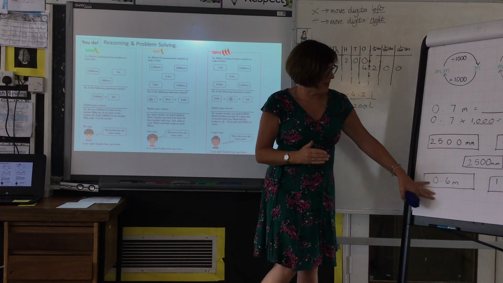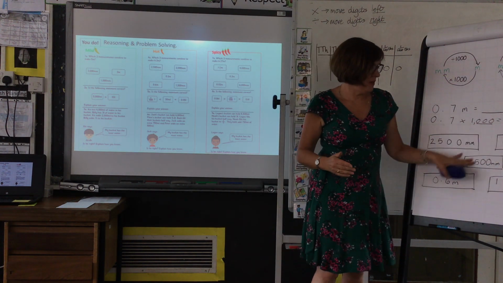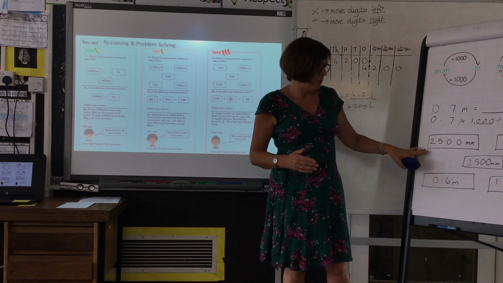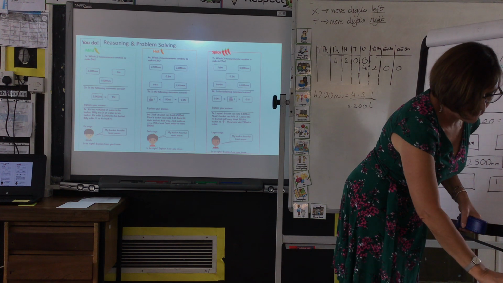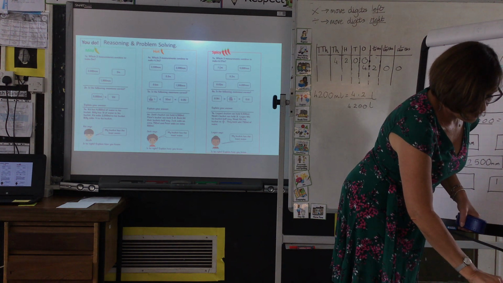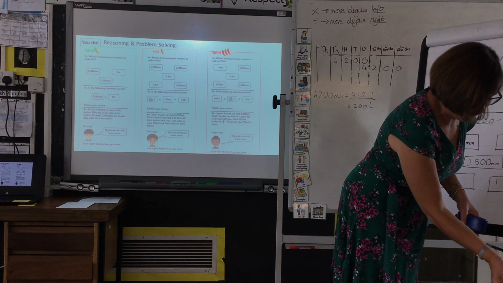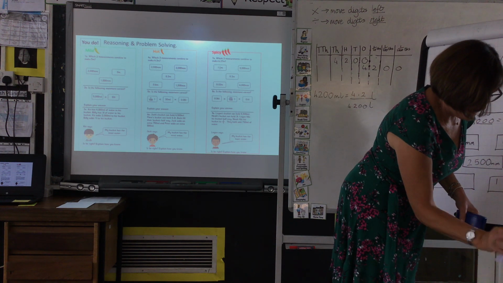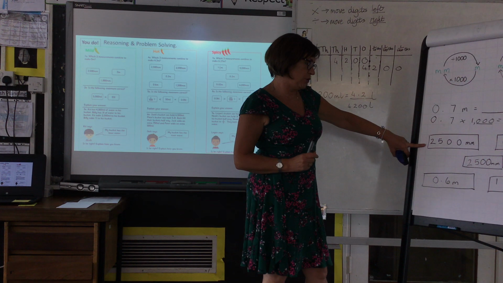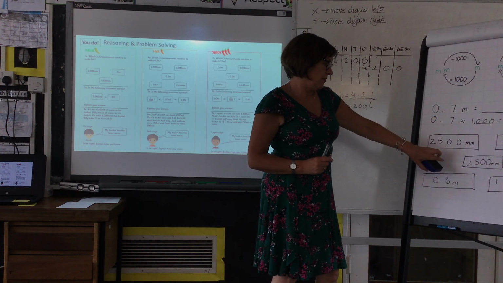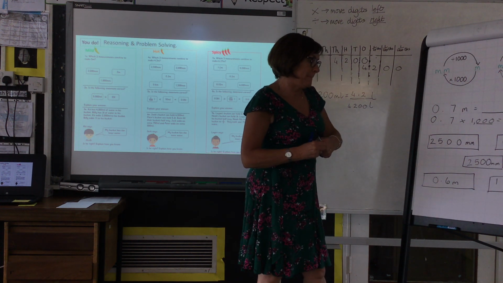So here I've got an example. The question is, which two, let me just check the question here, I've written it down. I think the question was which two add up to 5 metres.